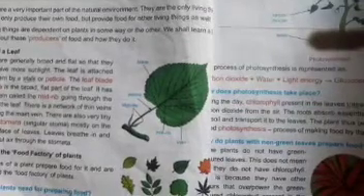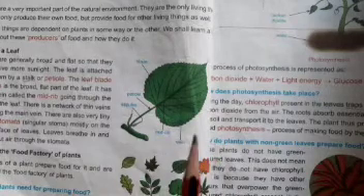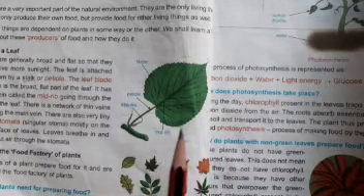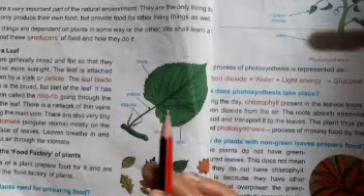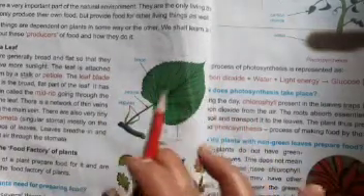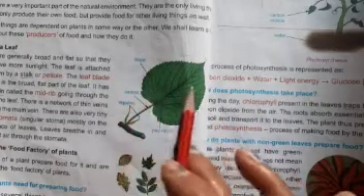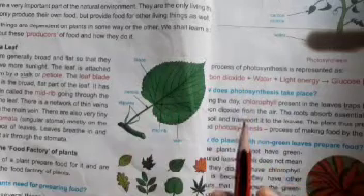See kids, leaves are not the same size or shape. Different plants have different sizes and shapes. Some trees have leaves of different size and shape.